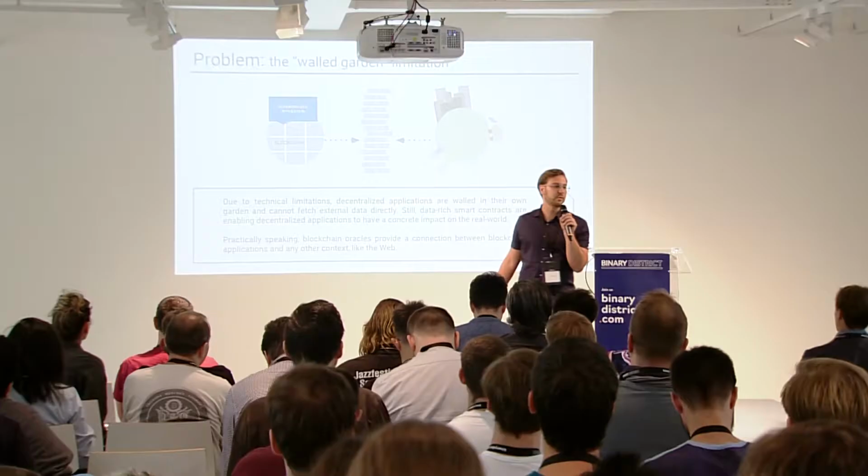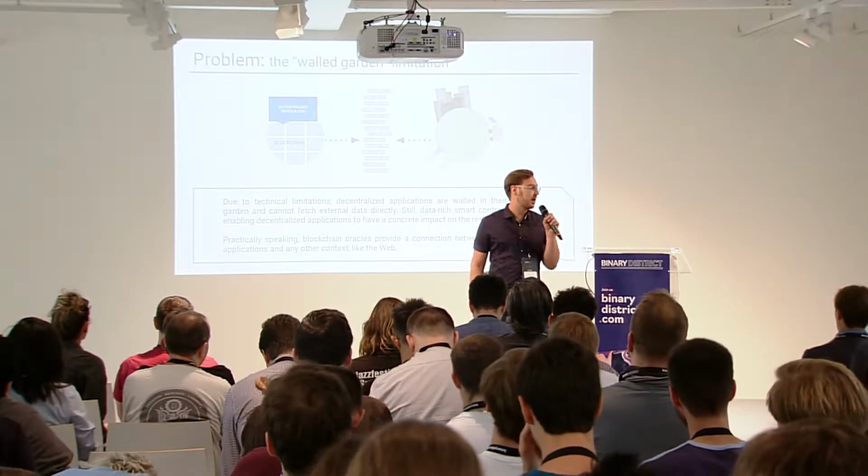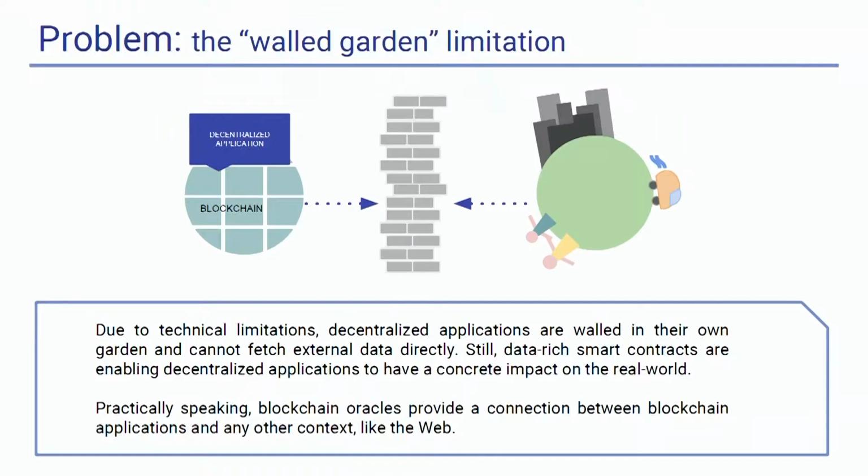All the work I will be talking about, the generalization of trusted computing, is open source, and we hope that other groups will start contributing to it as well. So this is where we started. We tried to understand how to overcome the walled garden limitation, and we started from the bitcoin.it wiki page on oracles.